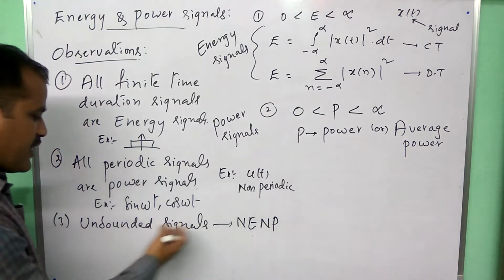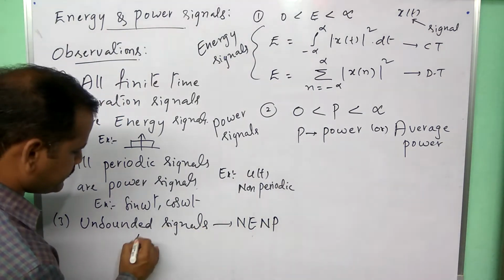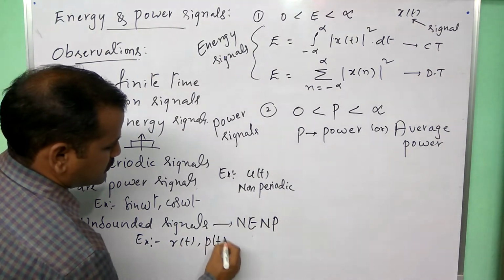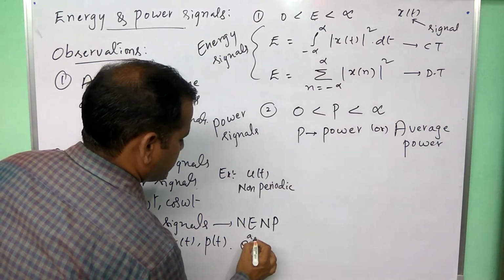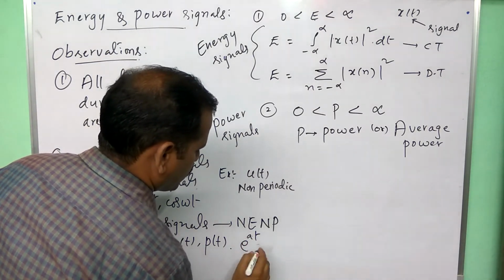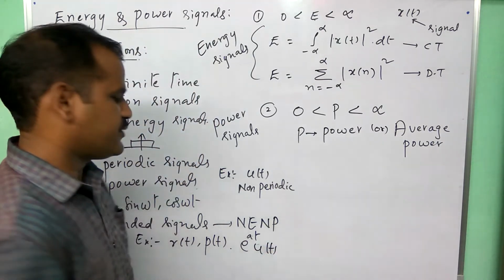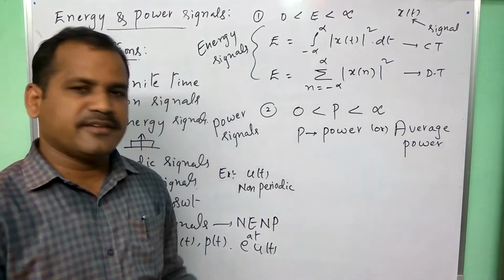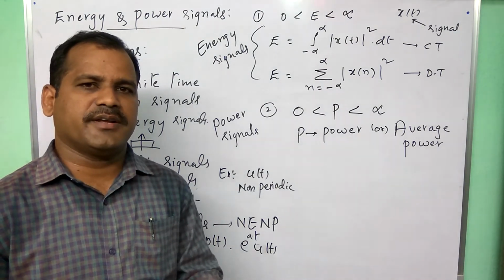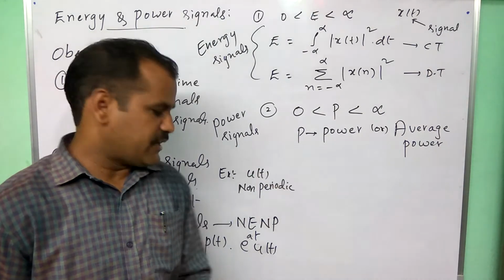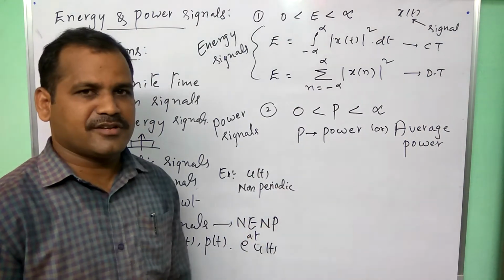What are the examples of unbounded signals? Ramp function, parabolic function, and exponentially rising function. All these functions are unbounded. Their amplitude goes to infinity. Obviously, the energy and power of those signals go to infinity. So they are not energy signals or power signals. That is why they are neither energy nor power signals.